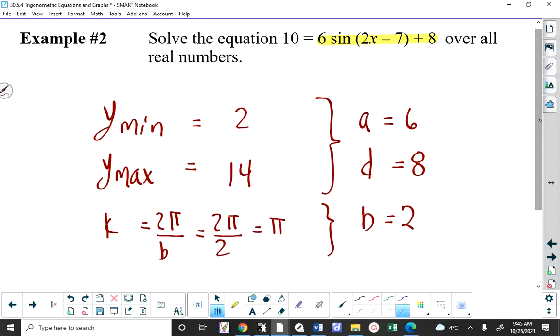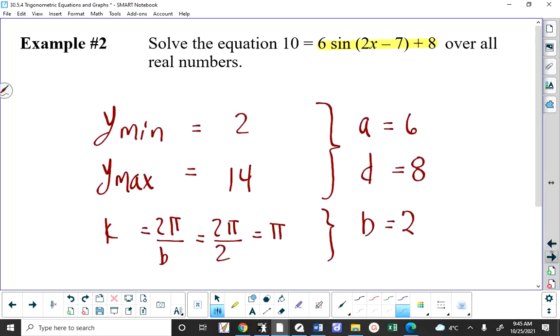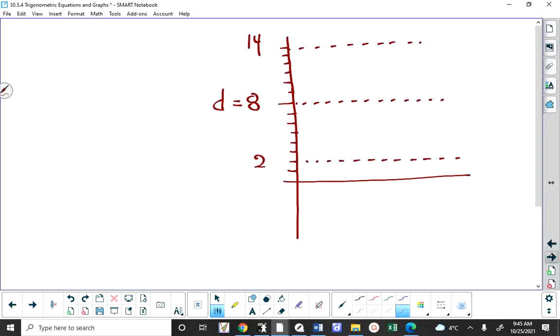So here is my advice, and this isn't a rule that you have to follow, but I think it's good advice. As well as setting up your window settings to reflect the min to the max, so maybe we're going to go from 0 to 16, it's always a good idea to set up your x window settings to reflect one full period from 0.